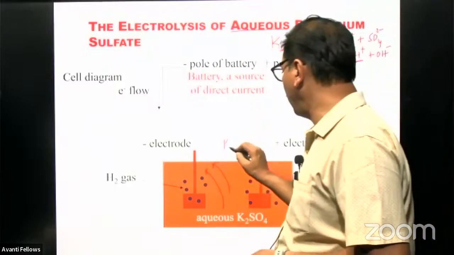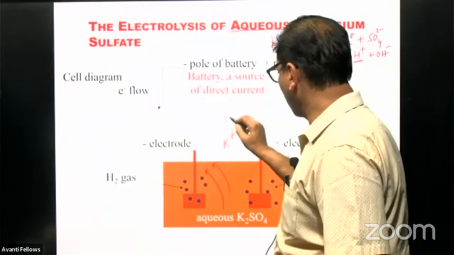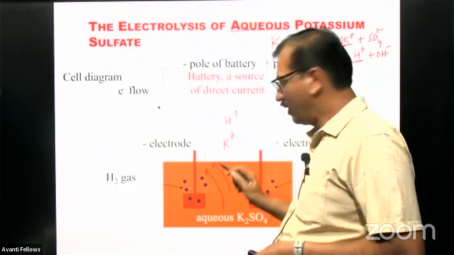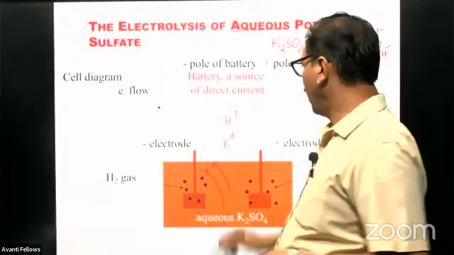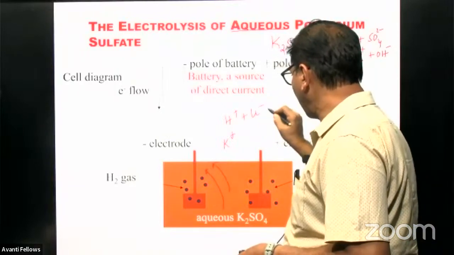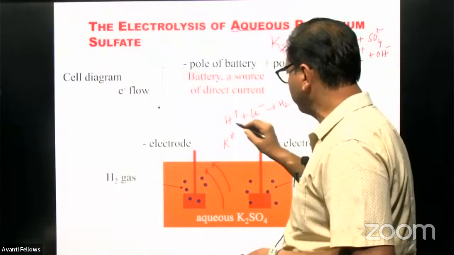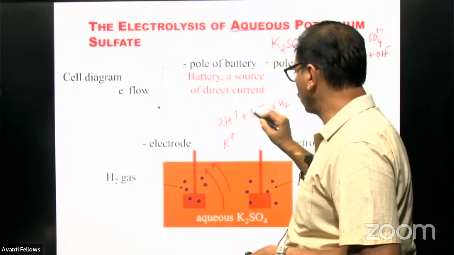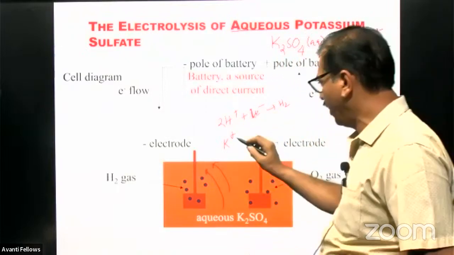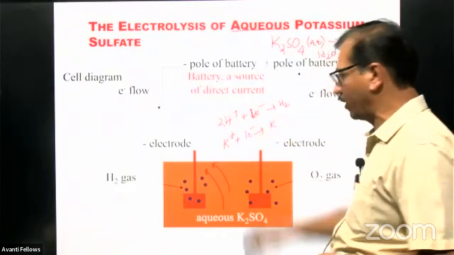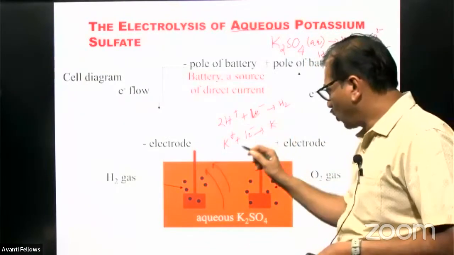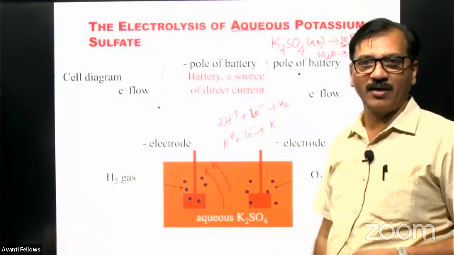Both want to gain electrons: 2H plus ions gain 2 electrons to give hydrogen gas, and K plus ion wants 1 electron to become potassium. In this competition, who is going to win?